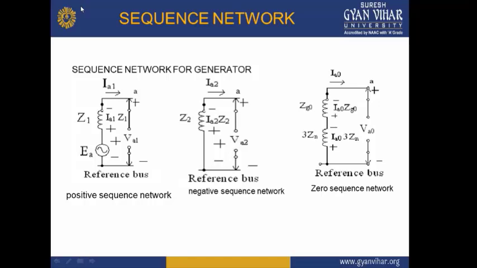Now look at this. This is an example of the sequence network for a generator. It is very essential to understand that this network for a generator will consist of the generated EMF component for phase A. That means we are only defining for phase A. I told you in the previous section that we can do the analysis on a per phase basis only when the system is balanced.